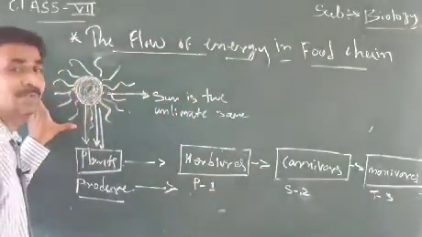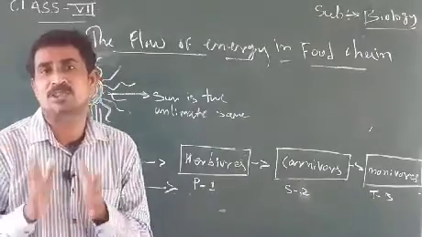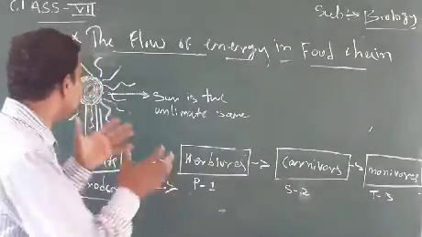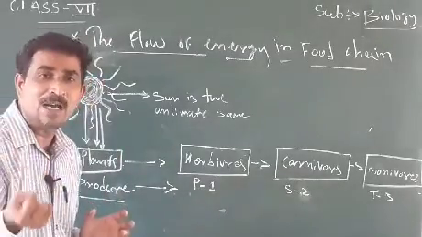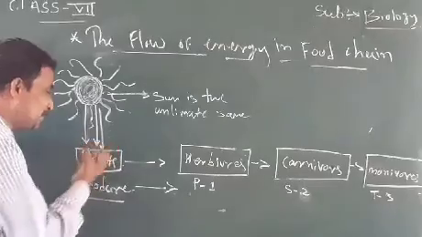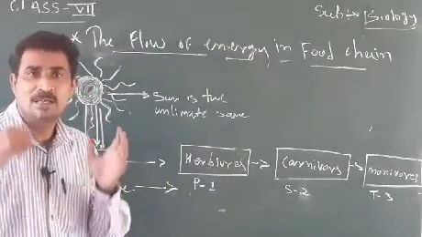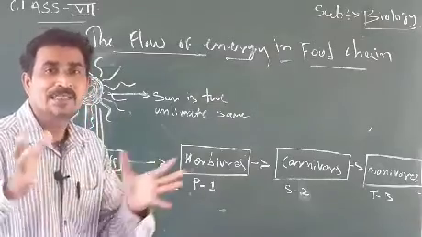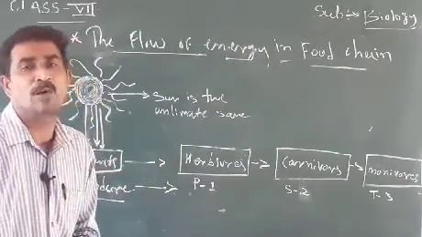So first, look at the picture of the sun. The sun is an unlimited source of energy. In plants, the chlorophyll absorbs the sun's rays, and they collect the raw materials available in the environment and start to prepare their own food.